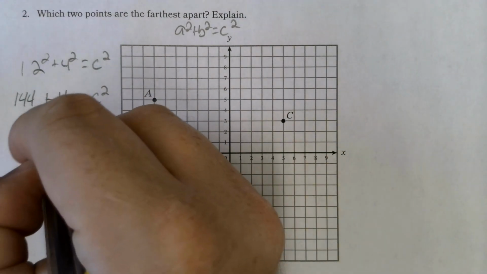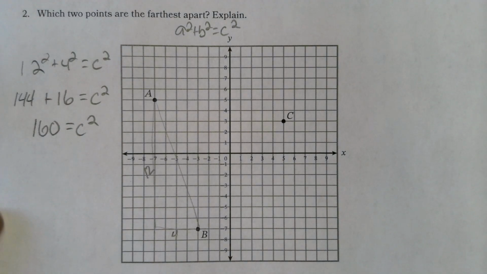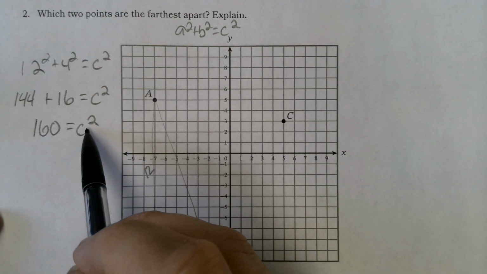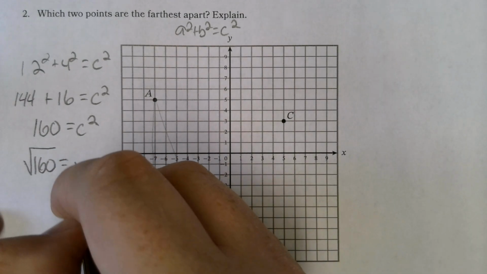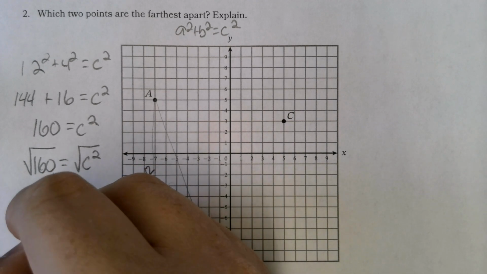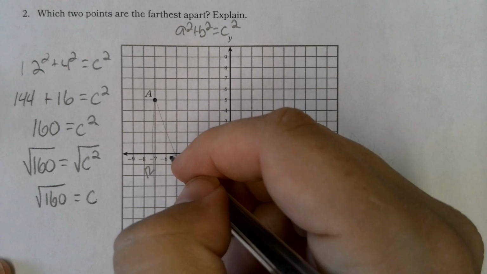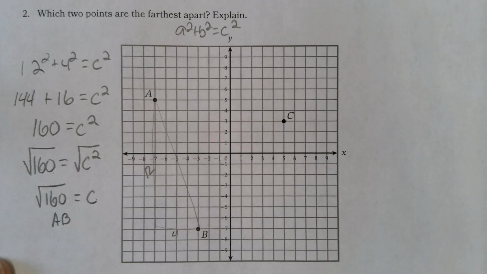When I add those together, I get 160. Again, to solve for c, to undo the square, I'm going to take the square root. And since I know that 160 is not a perfect square, my distance between A and B is the square root of 160.